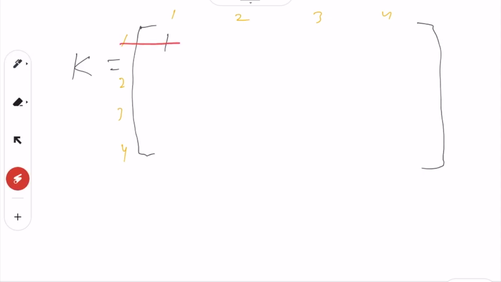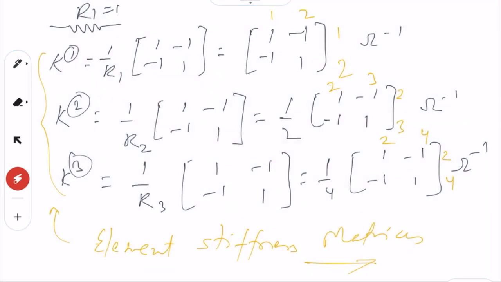First 1 1, then 1 2, then 1 3, then 1 4. So now we want 1 2. Row numbering, this is 1, this is 2, so we have minus 1. No other places have the 1 2 combination, only here.